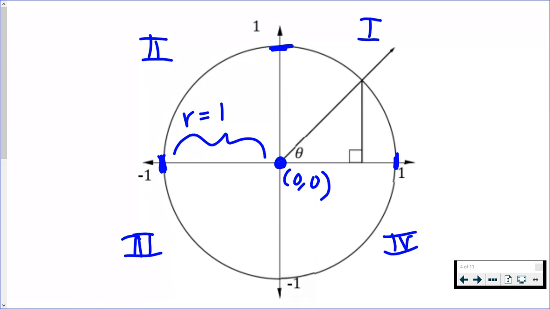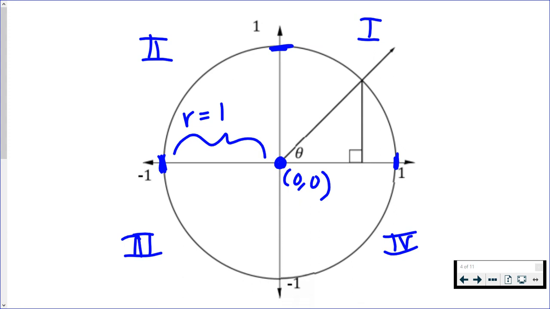But for now, we know that it's centered at 0, 0, which is called the origin, and it has a radius of 1. Now you'll notice that there's a triangle drawn in this unit circle.